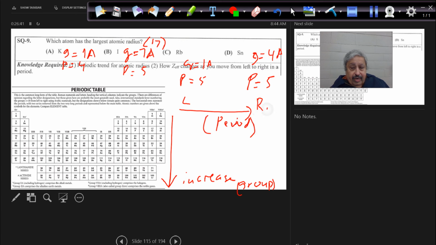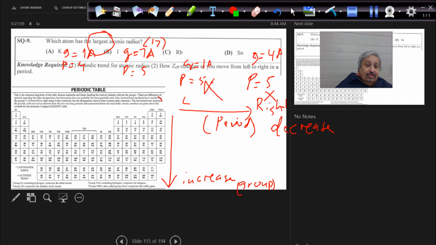From left to right, the atomic radius decreases. So now, knowing this, if you go further to the 5th period, those will decrease. What is the largest? The question is the largest. So 5 and 5, those will be less, correct?